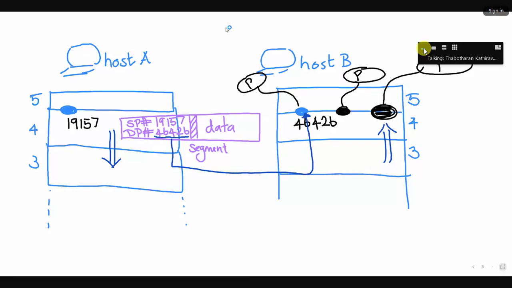So maybe this one is 8,593, and this one 6,347. But by looking at the port number, even though there are multiple chances of delivering the segment at different sockets or ports, the segment is delivered correctly to the correct socket.